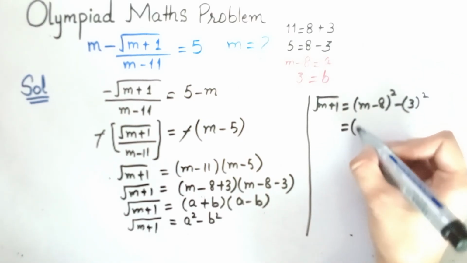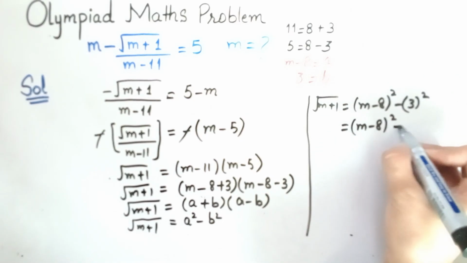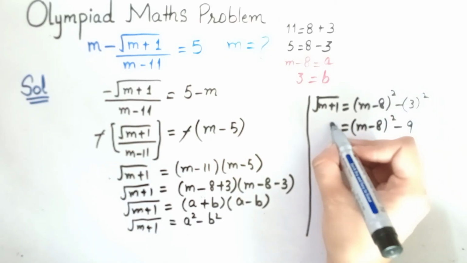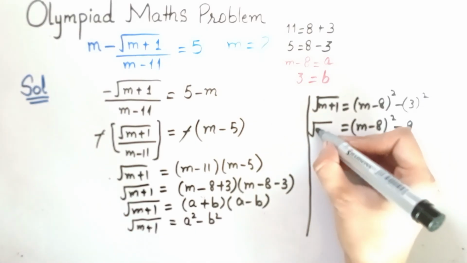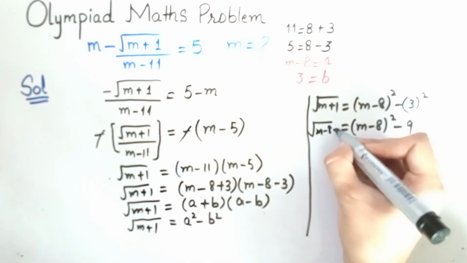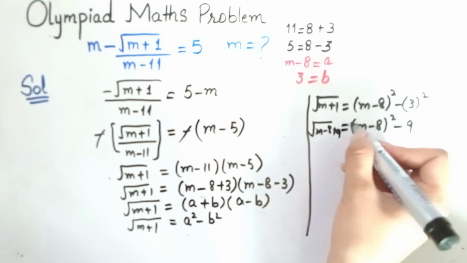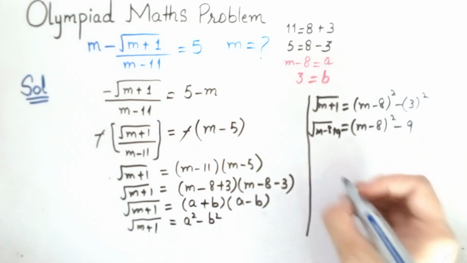So we have (m minus 8) square minus 9, and on this side we can write m plus 1 as m minus 8 plus 9, because this also gives us m plus 1.